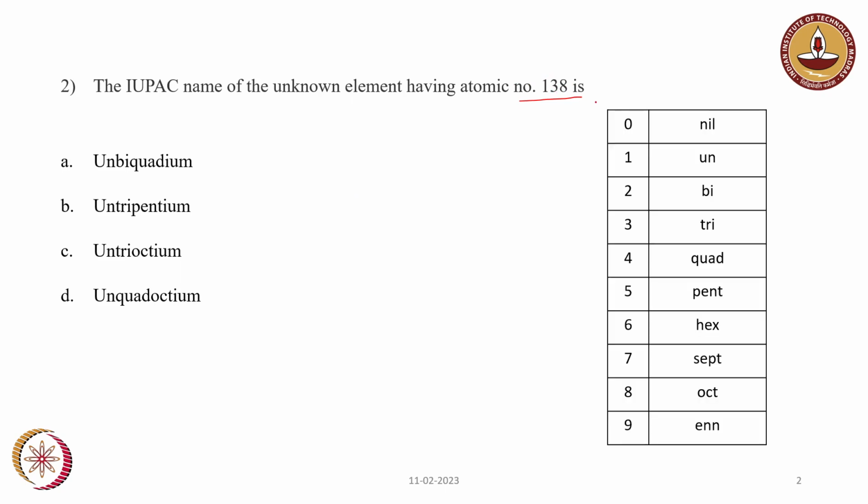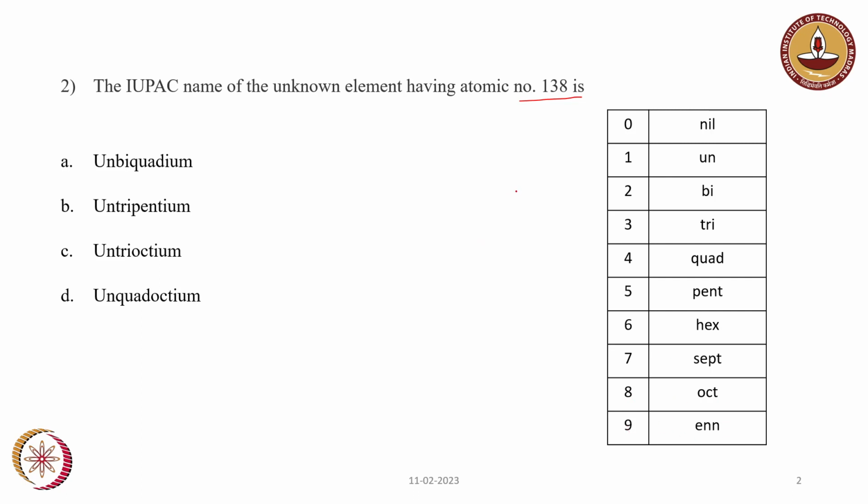The table is: for 0, it's nil; 1, un; 2, bi; 3, tri; 4, quad; 5, pent; 6 is hex; 7 is sep; 8 is oct; and 9 is enn.